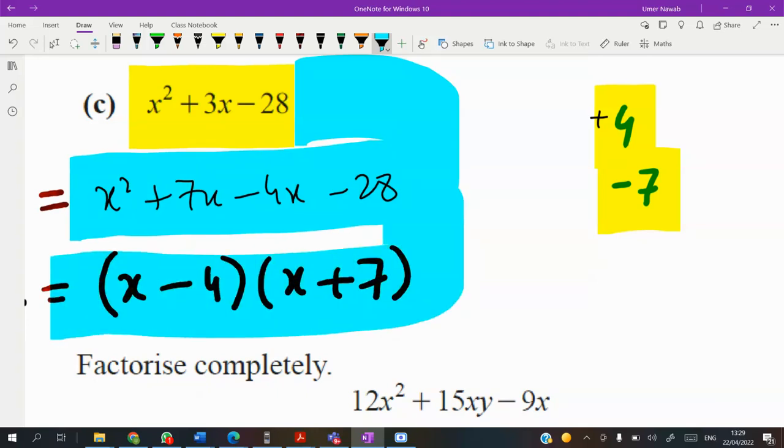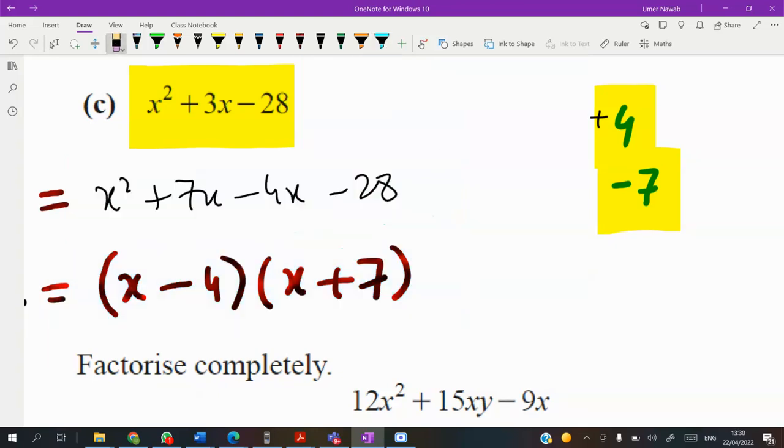So this is the factorization technique which students are using because the time is short. That's why I'm not emphasizing how to do the factorization in this case. Some students do this because the last number is minus 28. We need to look for two numbers which, when we multiply them, we must get minus 28, and when we add them, we must get 3, like 7 and minus 4.